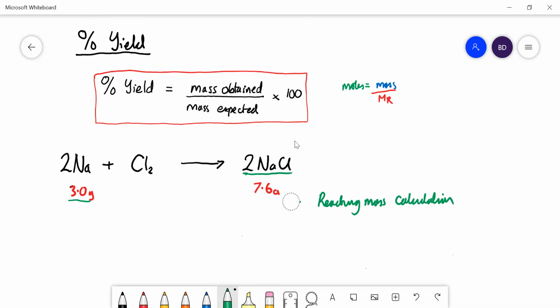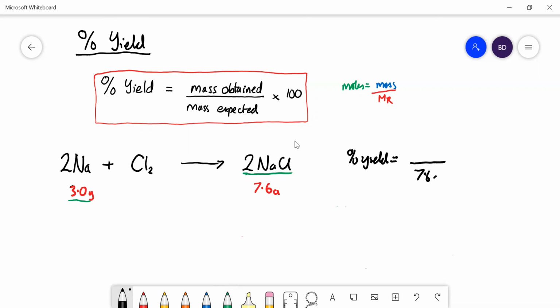So let's just work out the percentage yield here. We expect to get 7.6 grams, so that goes on the bottom, but let's say we've only obtained 5.1 grams.